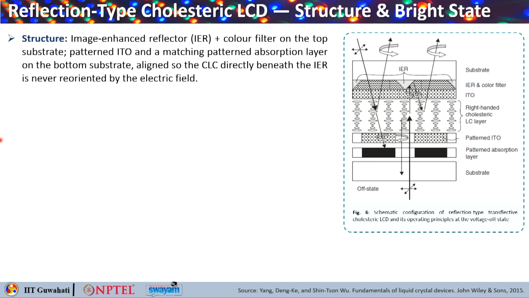Here you can see the exact structure, and how it works in the bright state, in both reflective mode and transmission mode, showing precisely how the added IER, the image enhanced reflector, and the patterned bilayers help you solve the problem of the reversed contrast that you discussed just now.